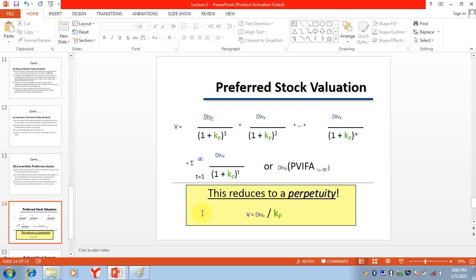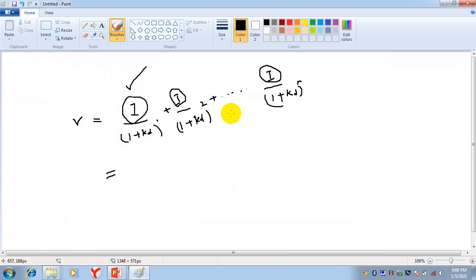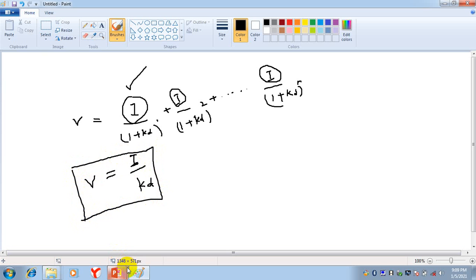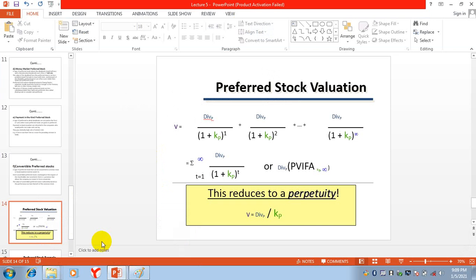Then, if you remember, the reduced form of this was interest divided by KD, the formula for the value of a bond. Same here: it becomes dividend divided by KP.